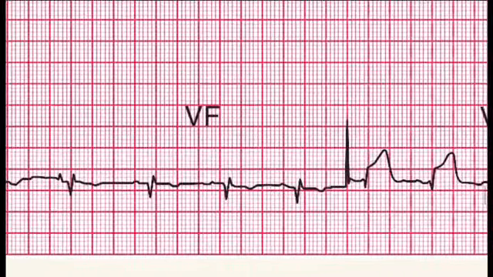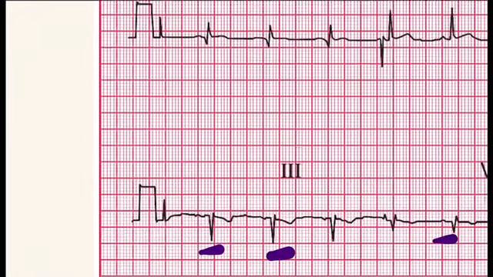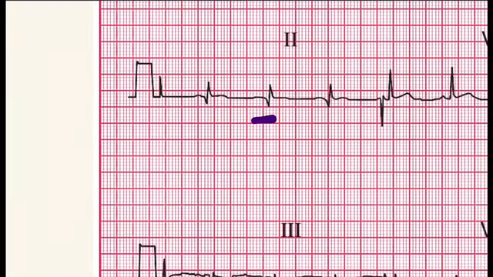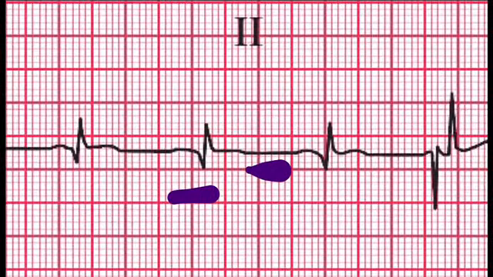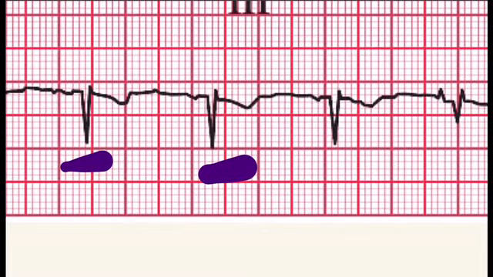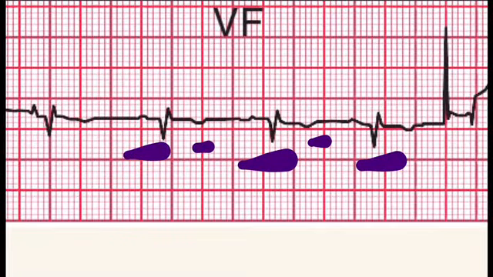So see this, in lead VF you can appreciate the peaked Q wave. Also in lead 3 you can appreciate the peaked Q wave, and also in lead 2. Can you see any T wave here? Here is a T wave which is inverted, and also here is a T wave which is inverted.